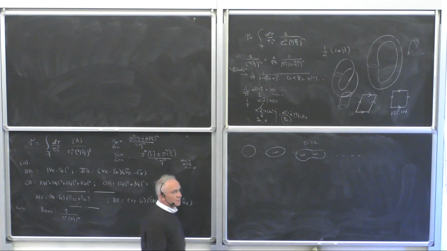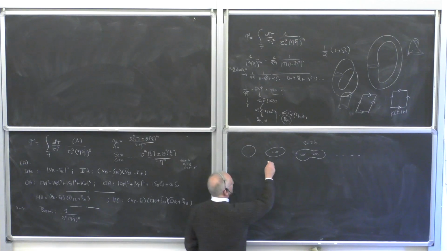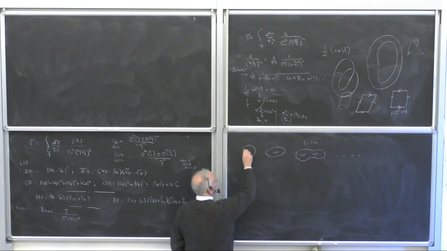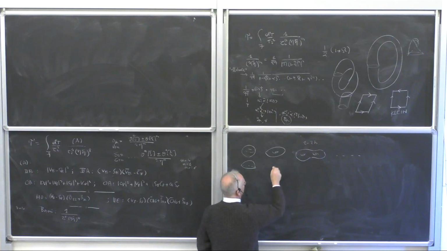Now there are more options for two-dimensional surfaces. For instance, the simplest option is that you can put boundaries. If you put boundaries, then, for instance, here, instead of having a sphere, you can have a disk. And here, instead of having a torus, you can have an annulus.